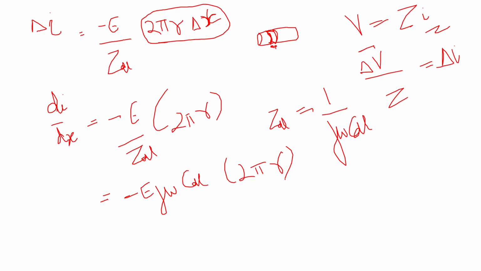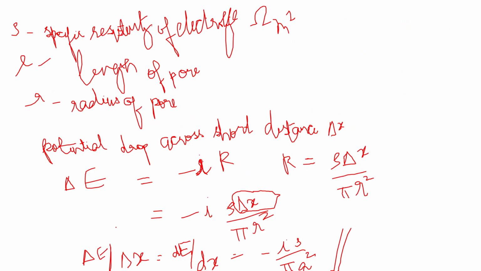Sorry, just wait. Yeah. So you get an expression like this, right? Now, you have an equation like this over here, right? dE by dx equal to minus I into rho by pi r square, right?